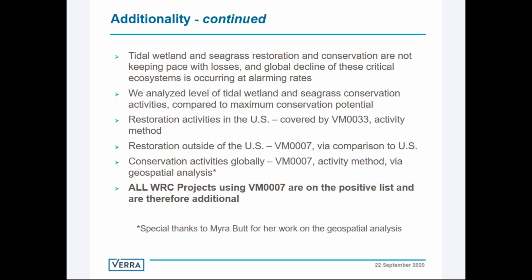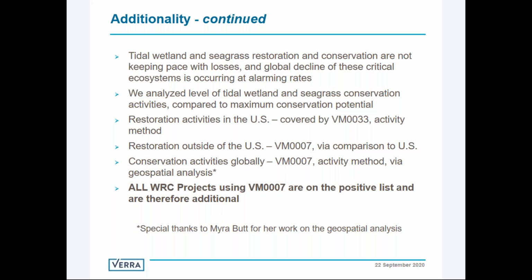So I'm going to walk you through this briefly. As I mentioned, the activity method seeks to incentivize activities with a low level of adoption. We know that tidal wetland and seagrass restoration and conservation are not keeping pace with losses, and global decline is occurring at alarming rates. We analyze the level of restoration and conservation compared to a maximum restoration and conservation potential.